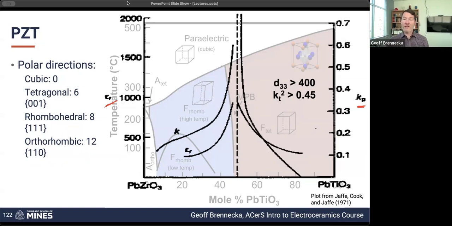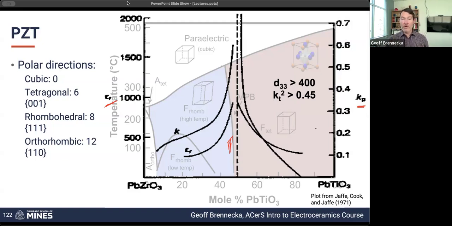You could do this for just about any property that you want to, and it maximizes right at that morphotropic phase boundary. So the exact composition is shifted a little bit because the graphics weren't perfect, but basically right on top of the phase boundary, you get a 5x, 10x, 20x improvement in whatever property you're looking for.